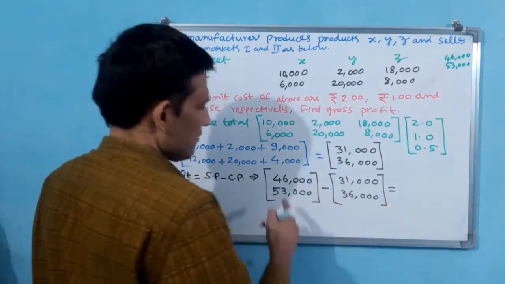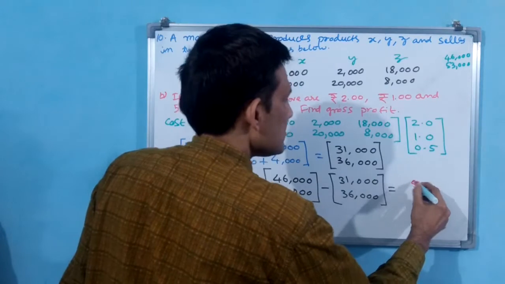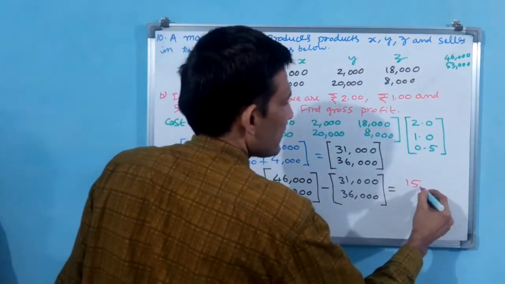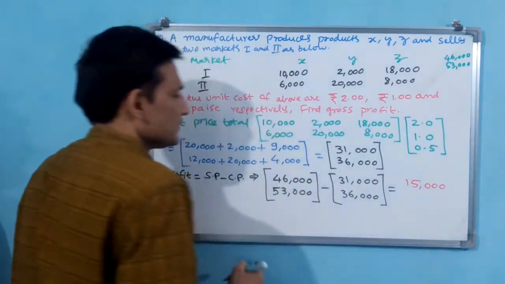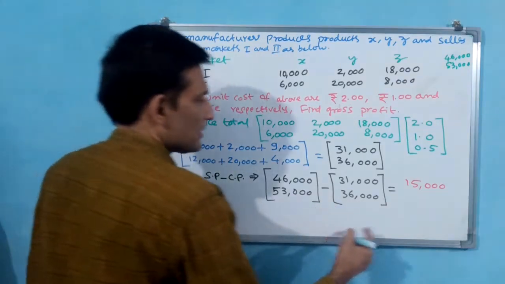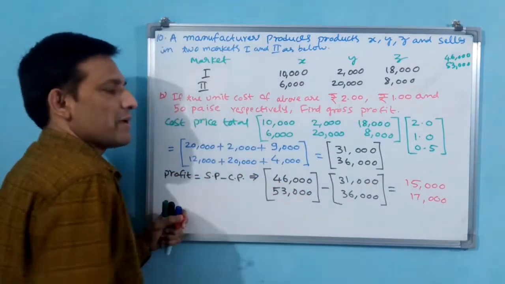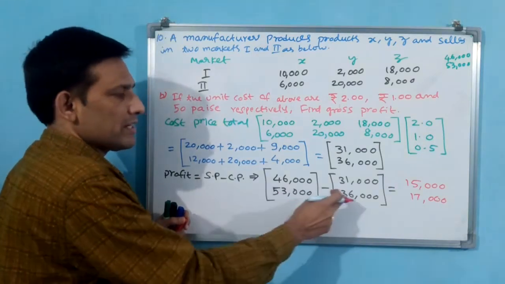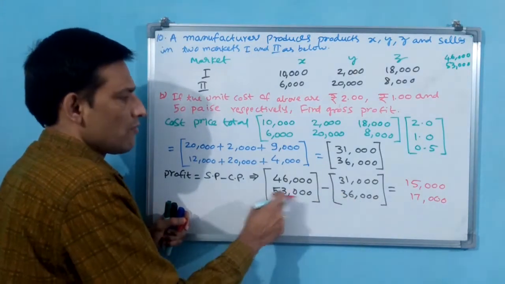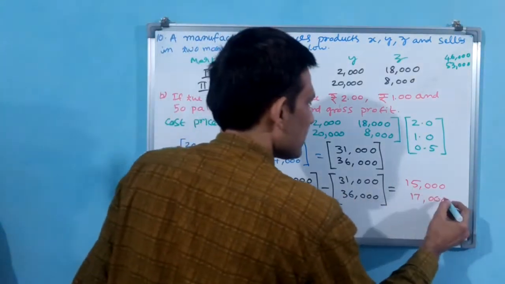Is it okay? Why? Because 6 minus 1 is 5, 4 minus 3 is 1, so 15,000. Then 17,000. Is it okay? 53 minus 36. Why? Because 13 minus 6 is 7, 4 minus 3 is 1, so 17,000.